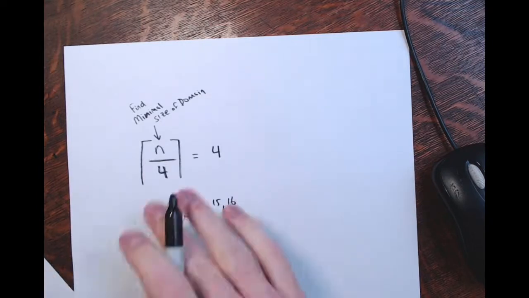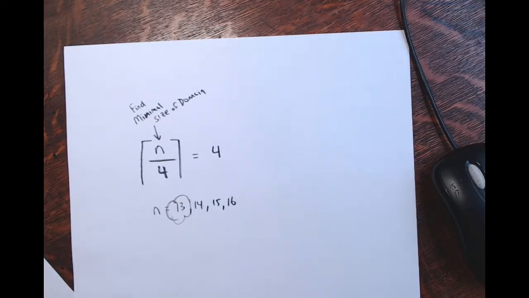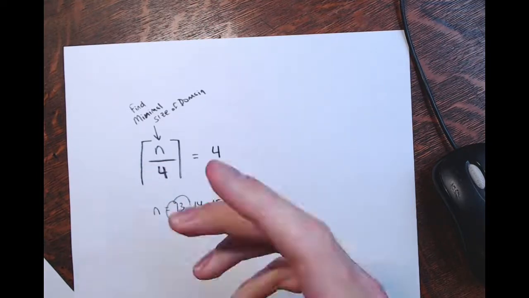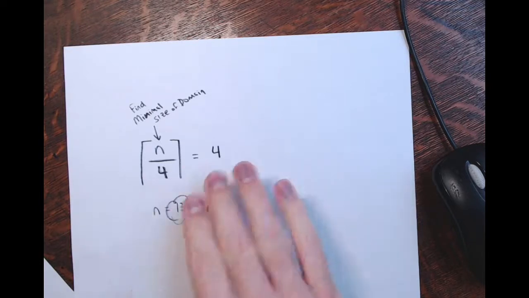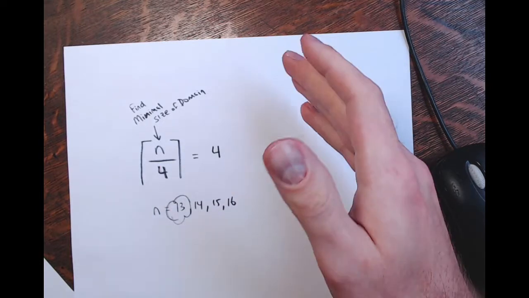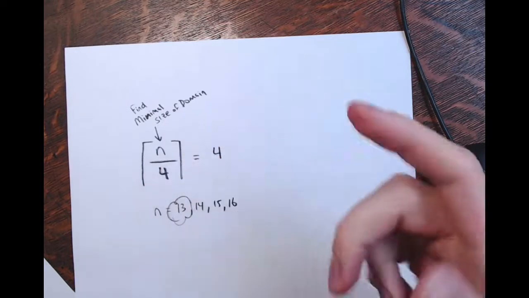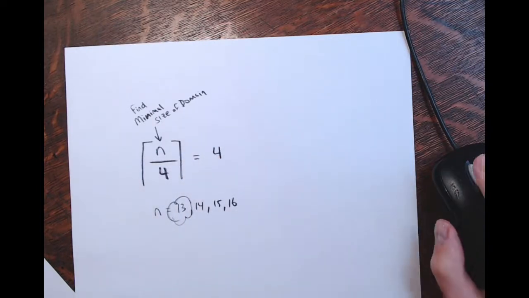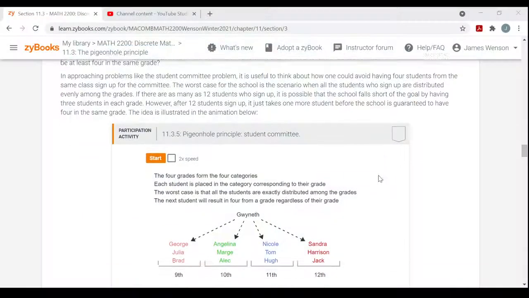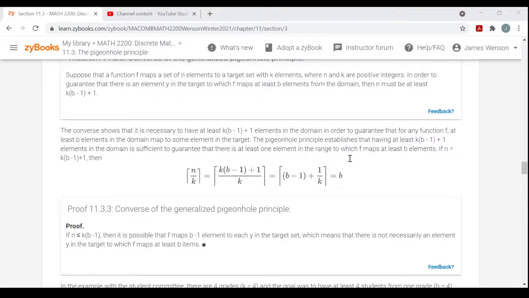You solve an equation like this, trying to figure out what's the smallest size the domain needs to be to guarantee that at least one element in the target has 4 elements mapping to it, right? Has 4 students from the same grade. And they describe that here. You can play around with this. I'll let you read all this.